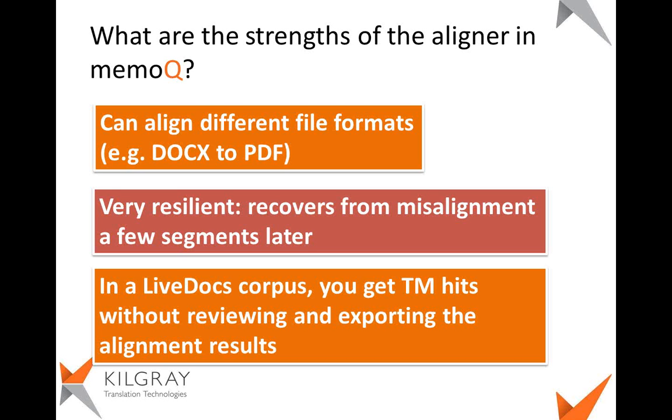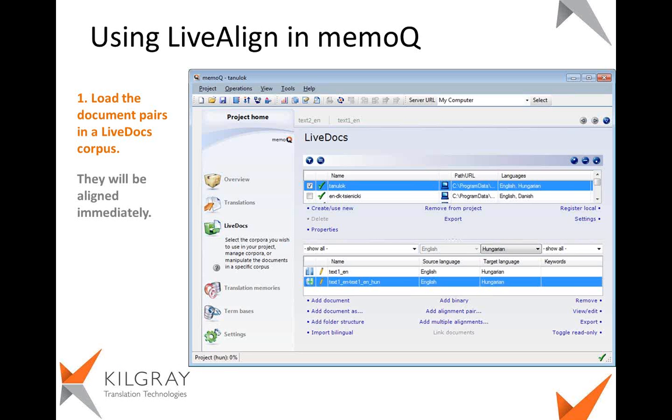And I'm going to tell you how MemoQ deals with it. So I put together a step-by-step procedure that shows how you can use the live align facility in MemoQ. Live align is the alignment where the aligned documents go into a LiveDocs corpus. So live align is a marketing term here.